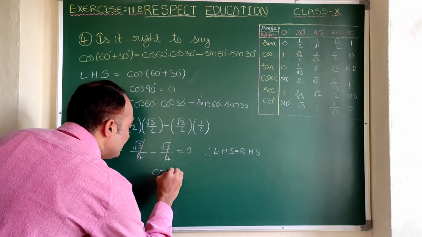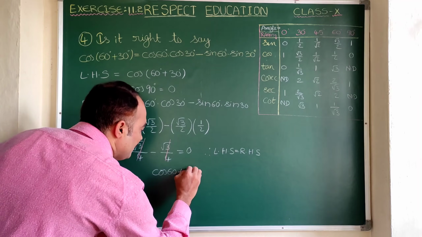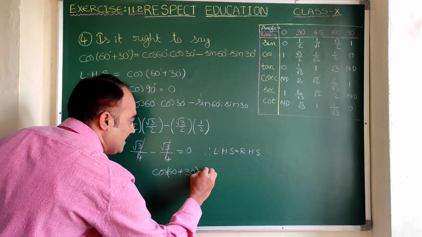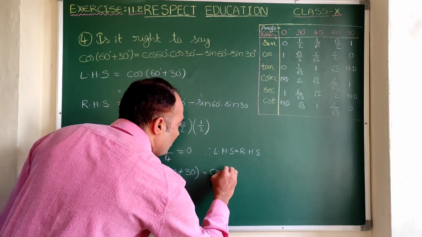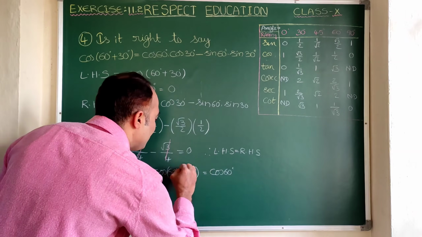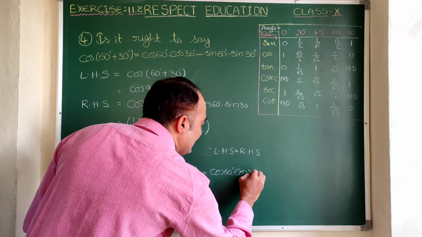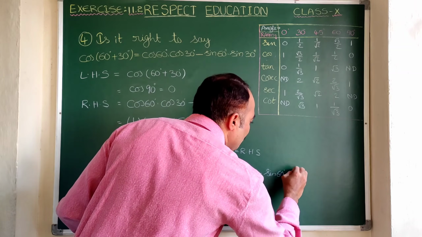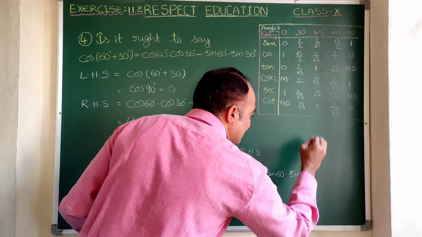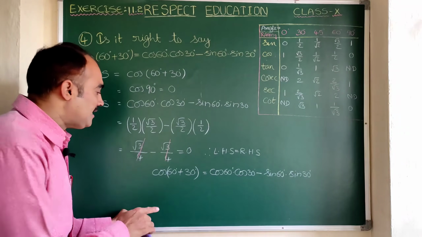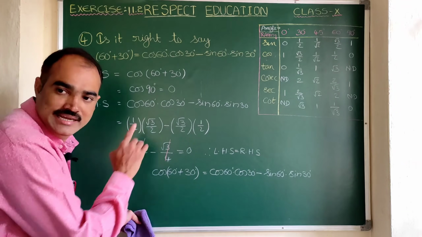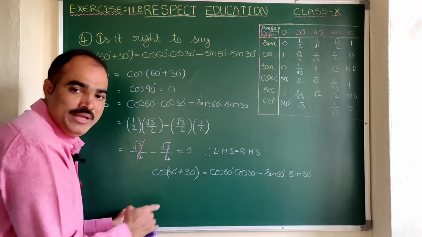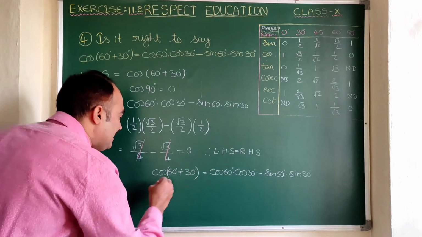Now you tell me, what is LHS? Cos 60 degrees plus 30 degrees. Cos of 60 degrees plus 30 degrees is equal to cos 60 degrees into cos 30 degrees minus sin 60 degrees into sin 30 degrees. Now here let us replace 60 degrees with A and 30 degrees with B. Clear? Now let us rewrite it.